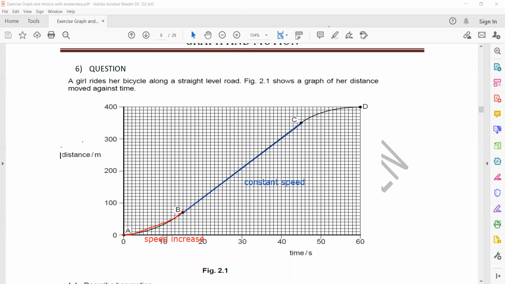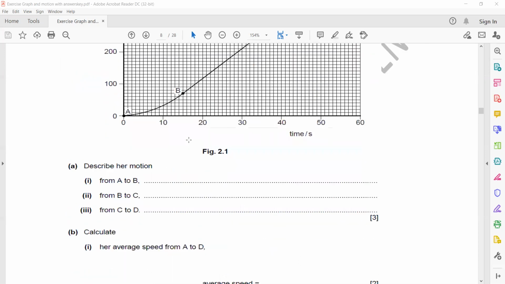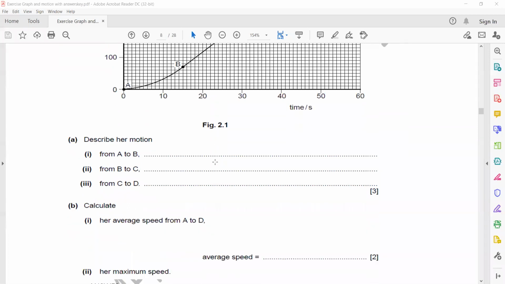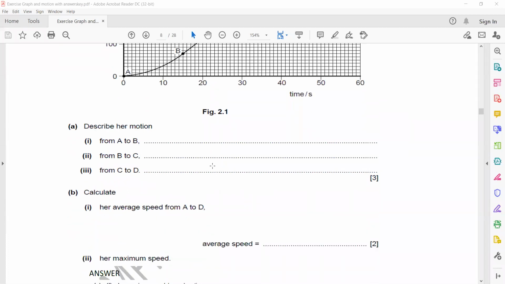And from C to D, because the angle is decreasing, we say that the speed will decrease. So in the question, they ask to describe the motion from A to D. Speed is increasing, speed is constant, and speed is decreasing.